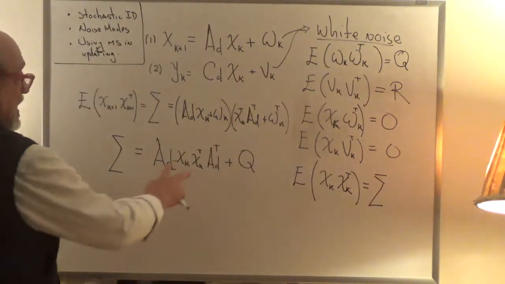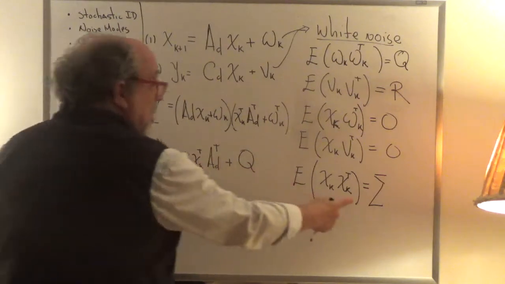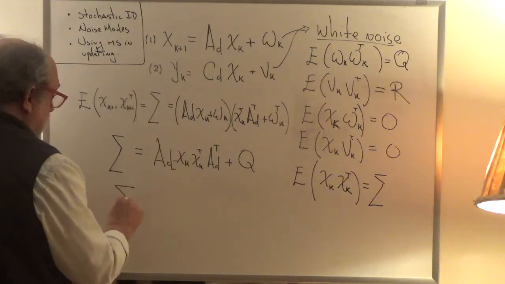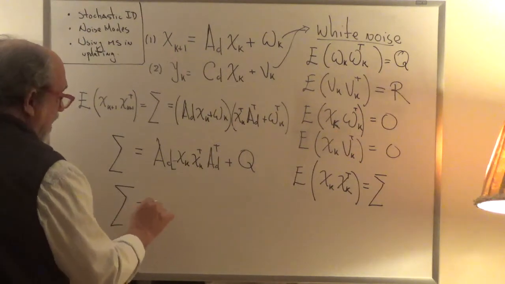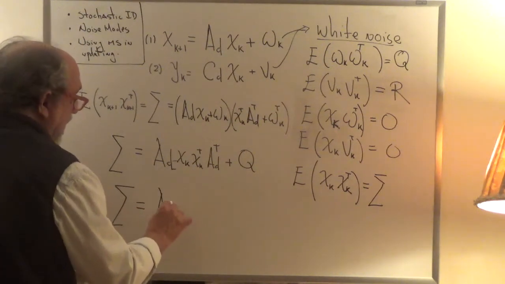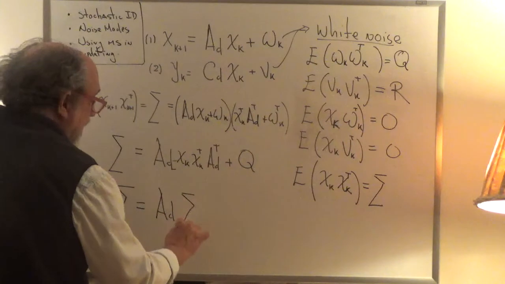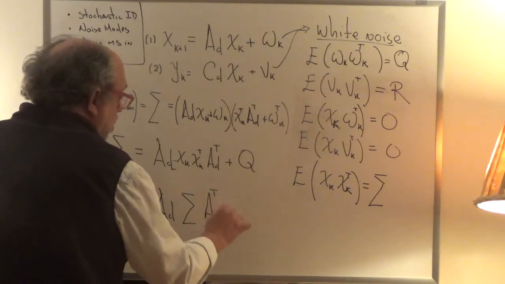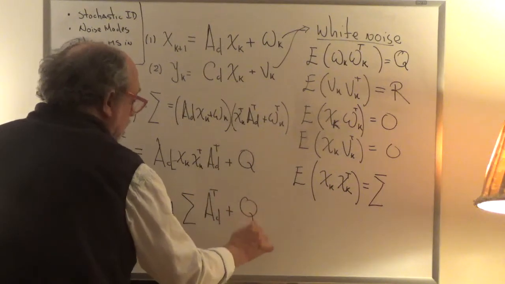Now, xk times xk transpose is itself sigma. And so we have developed the equation that says that sigma is equal to AD times sigma times AD transpose plus Q.